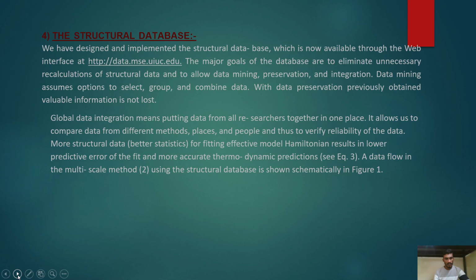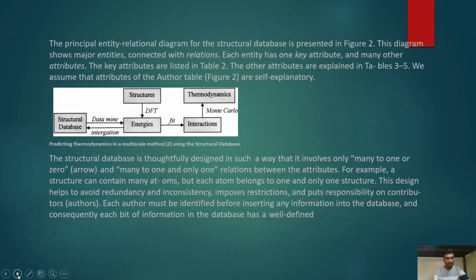A data flow in the multi-scale method using the structural database is shown schematically in the figure. The principal entity relationship diagram for the structural database is presented in figure 2.